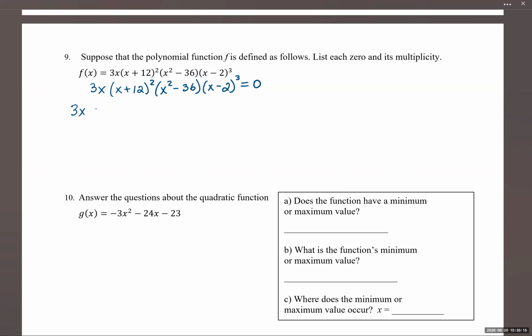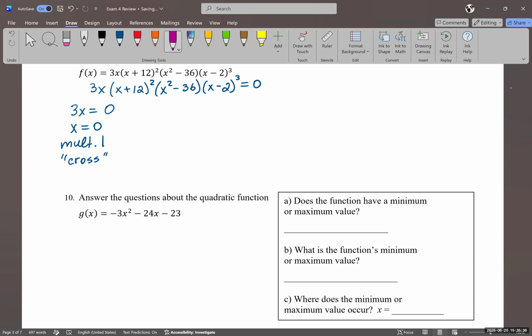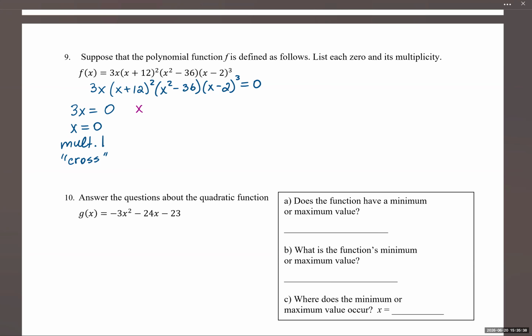So 3x equals 0. We'll go ahead and divide by 3. x equals 0. Multiplicity on this one is 1. Multiplicity is odd, so it should cross the x-axis at x equals 0, at the origin. The next parenthesis, x plus 12 equals 0. That parenthesis was squared. x equals negative 12.